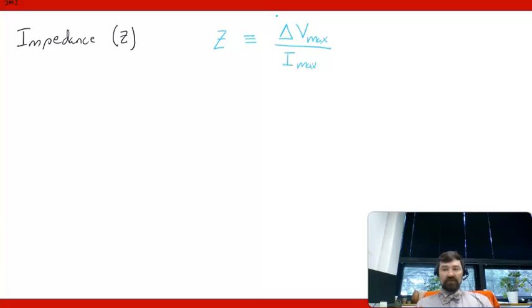Then we can say, all right, I have a wall outlet, and that wall outlet gives me 120 volts AC, let's say. That's the peak. So given that I have this impedance, what is the maximum current that's going to be put out?